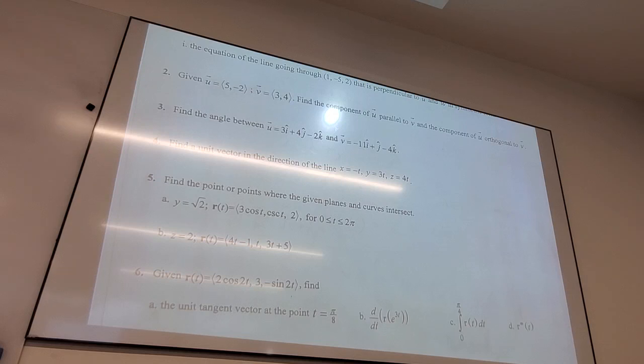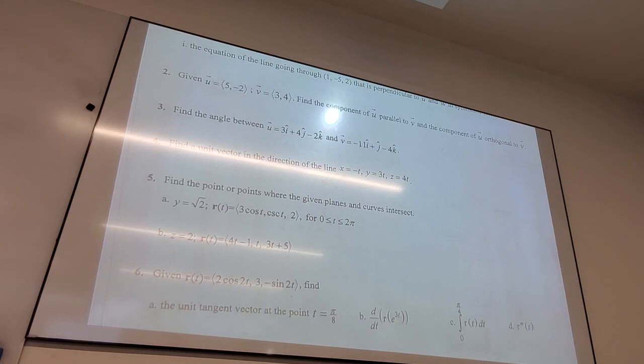Projection of u on v would be u dot v divided by the length of v squared, times the vector v, so you're pointing in that same direction. If you just take the times vector v out, that's the component of it.